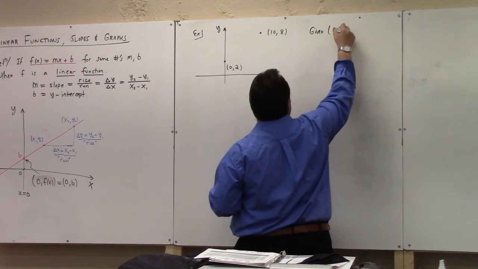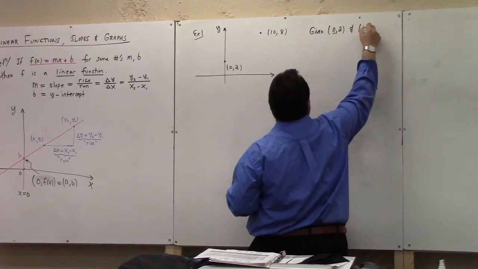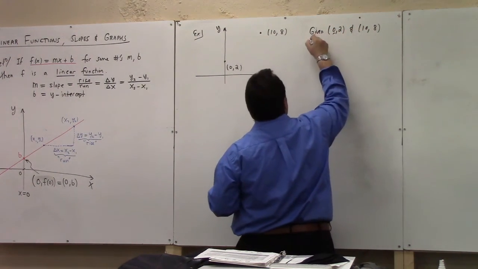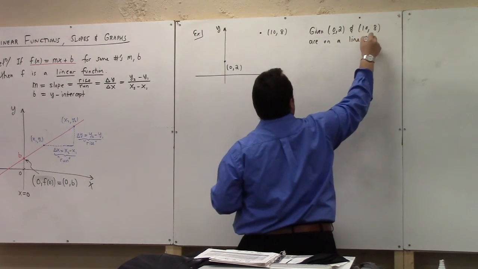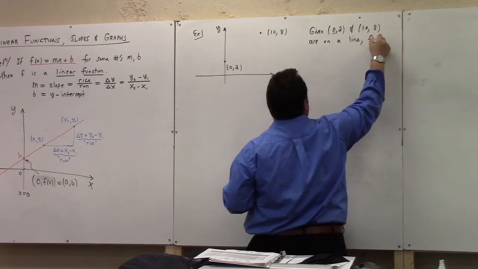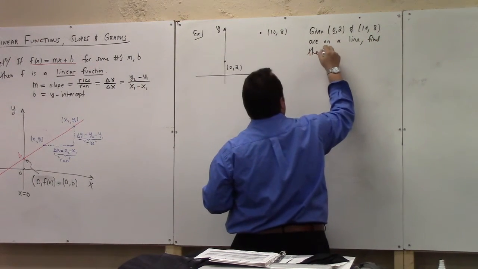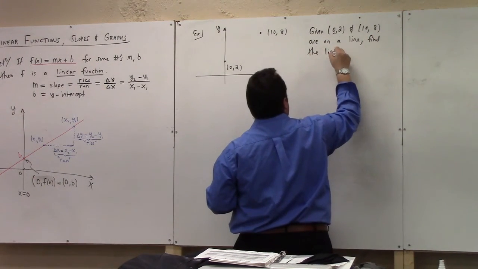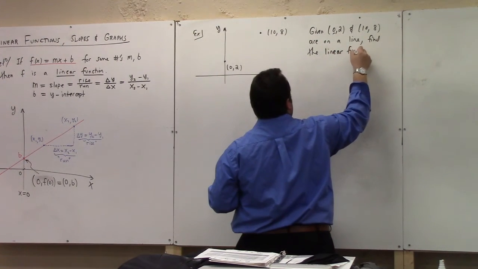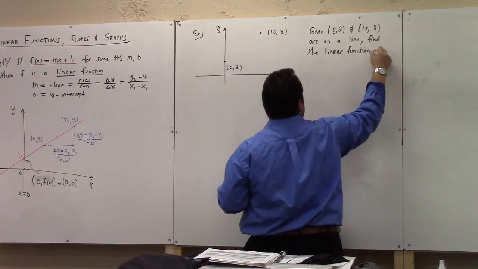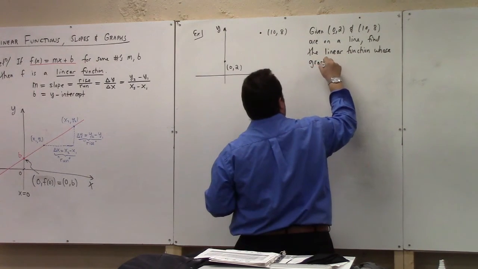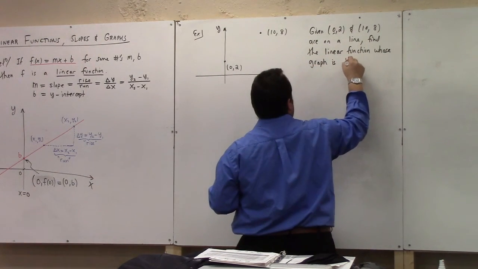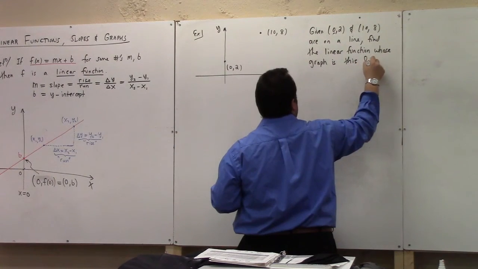Given 0, 2 and 10, 8 are on a line, find the linear function whose graph is this line.